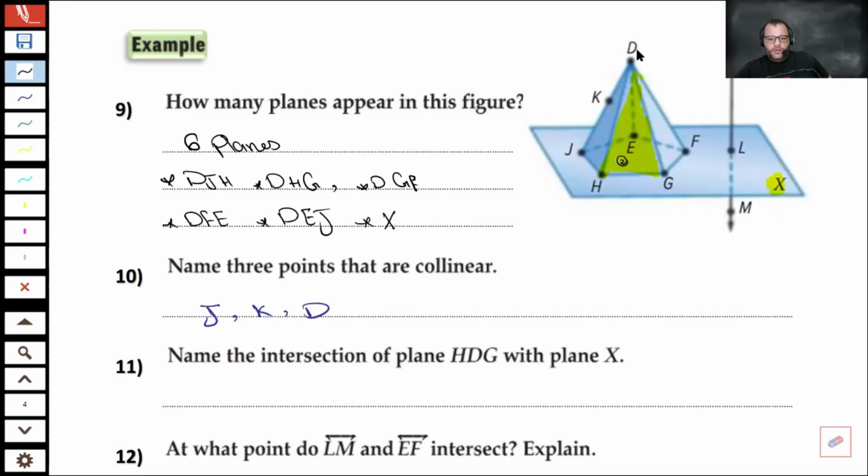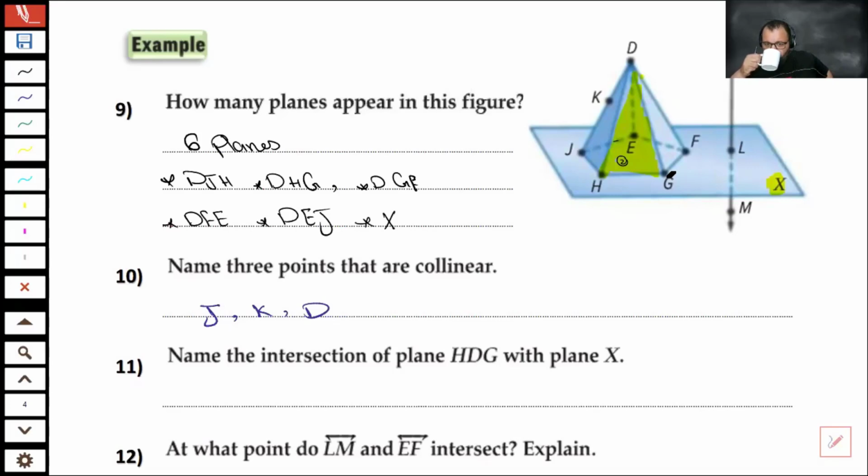E and F? E does not belong to the plane. E is behind the plane DHG. We need to find the intersection of the plane HDG and the plane X.